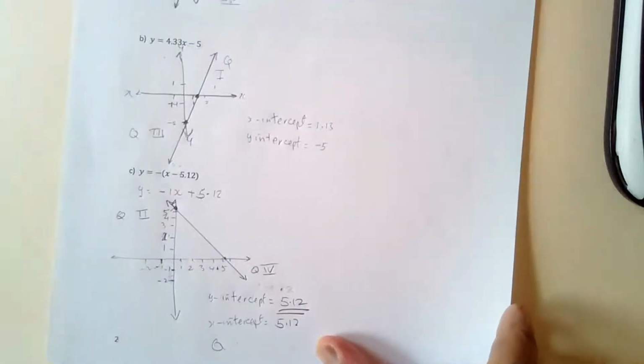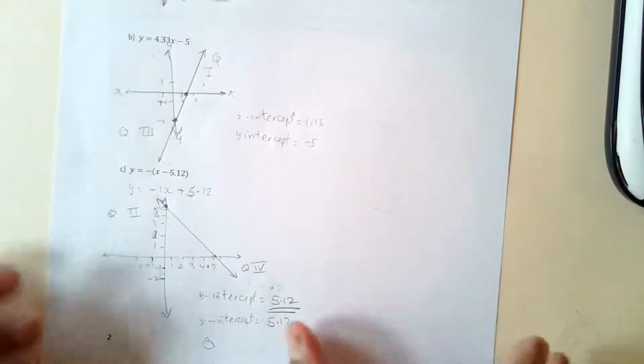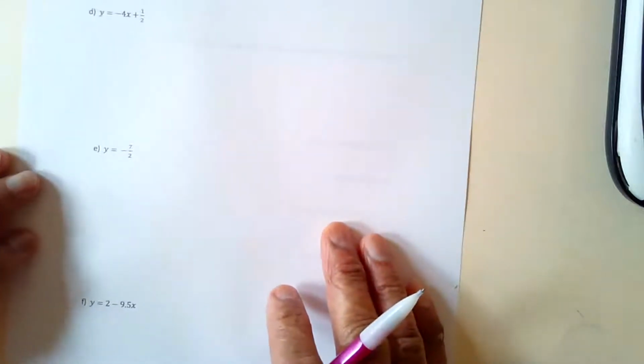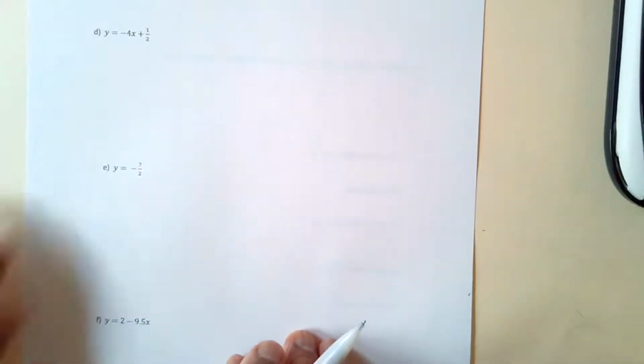Now, we haven't used the algebraic method yet, but for the next 3 questions, I'll show you how to do it algebraically and using technology. So here's the next graph. y is equal to minus 4x plus a half. We can tell right away the y-intercept is a half.